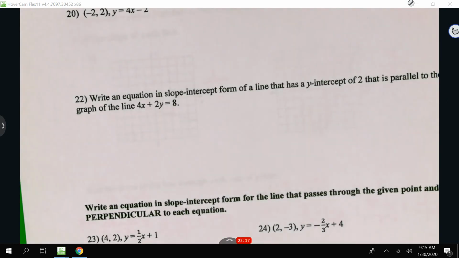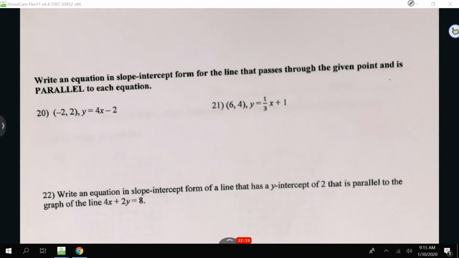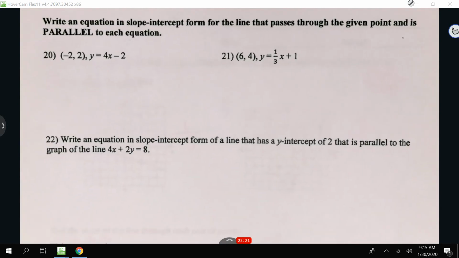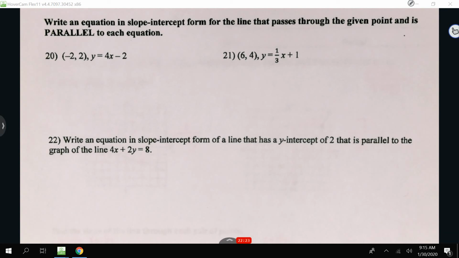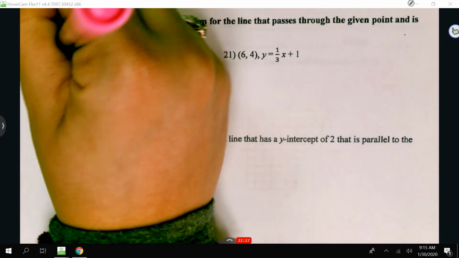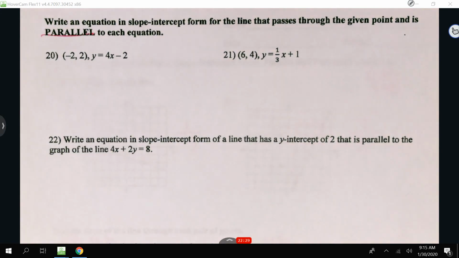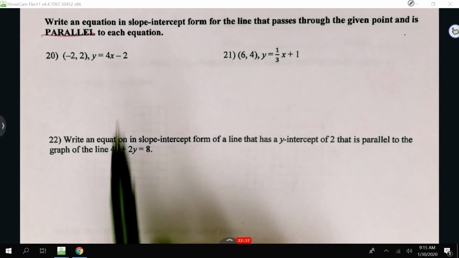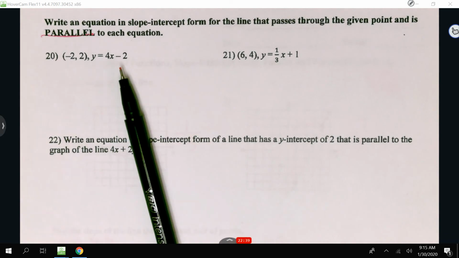All right. 20, 21, and 22. It says write an equation in slope-intercept form for the line that passes through the given point and is parallel to each equation. Okay. So I've got the point negative 2, 2, and the equation y equals 4x minus 2. So what is the only thing that I need out of that y equals 4x minus 2?